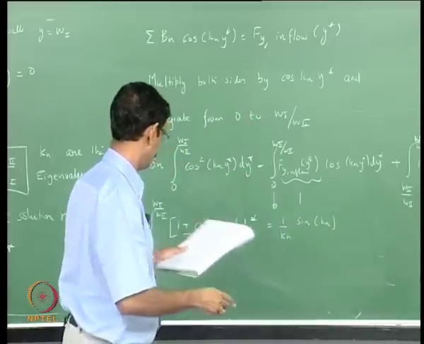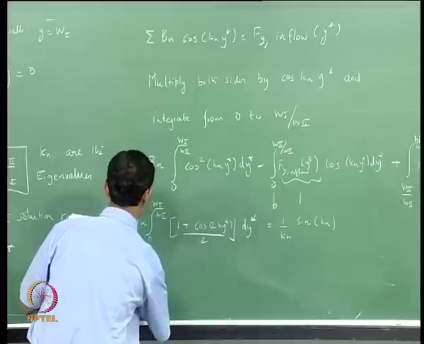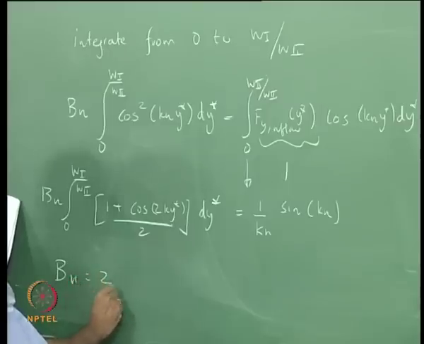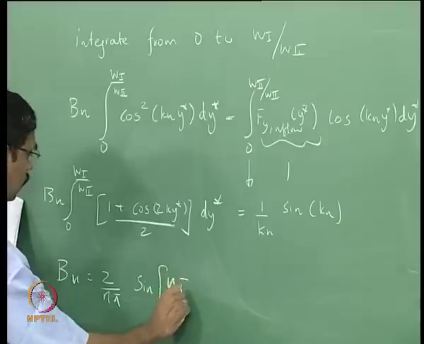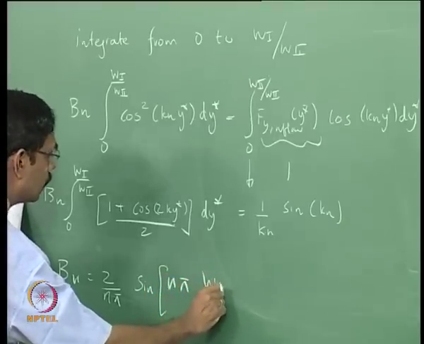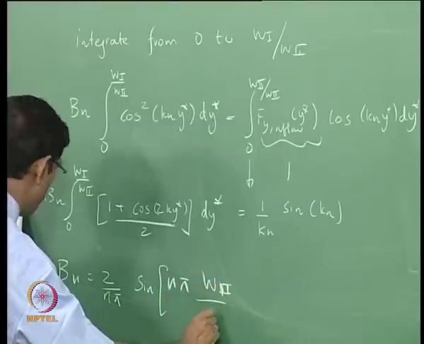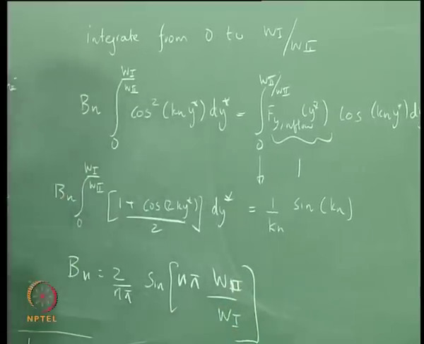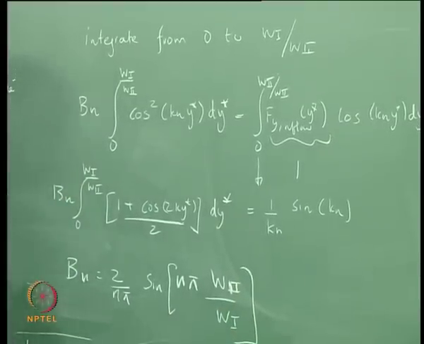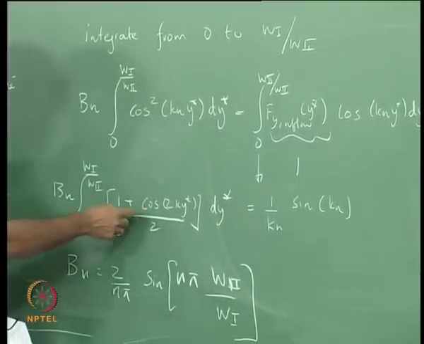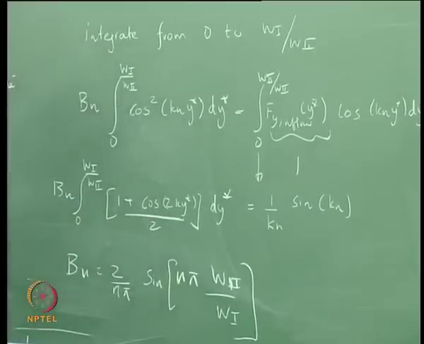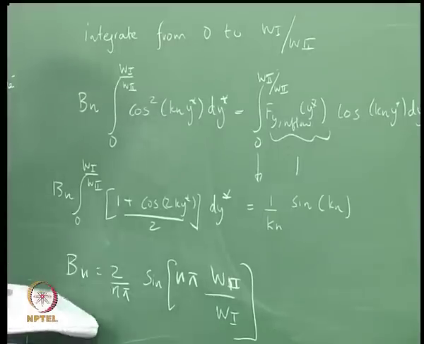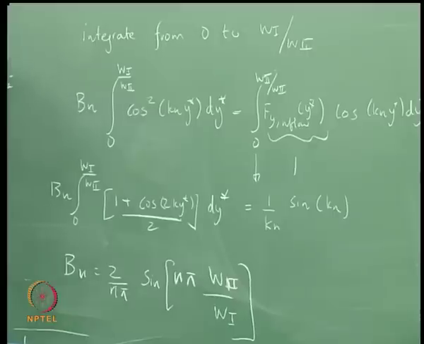Just to write the final result, this term becomes half, this will become sine, and then you can do the further simplification and get this, just try it out.